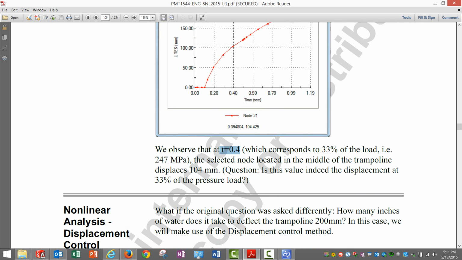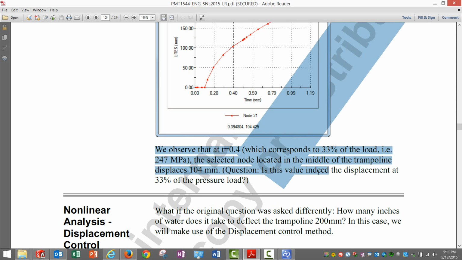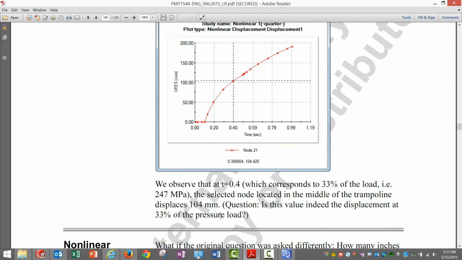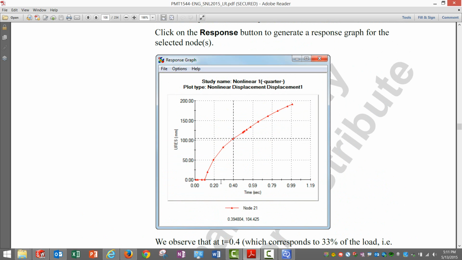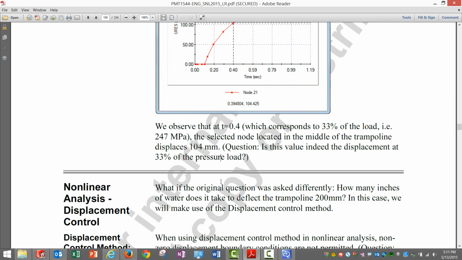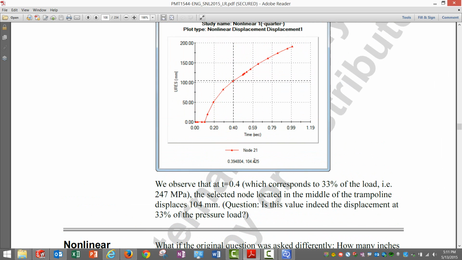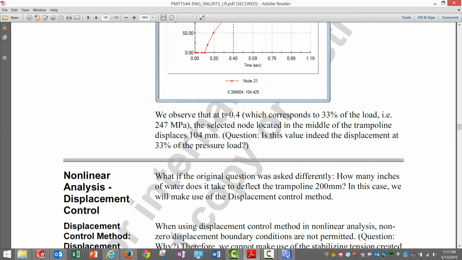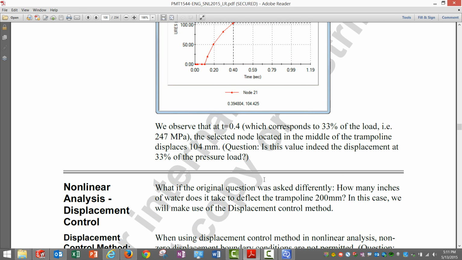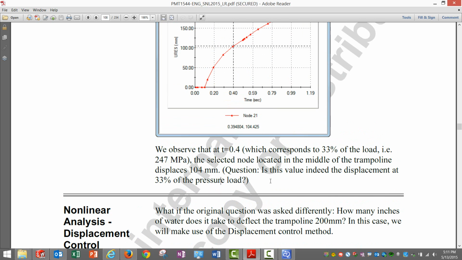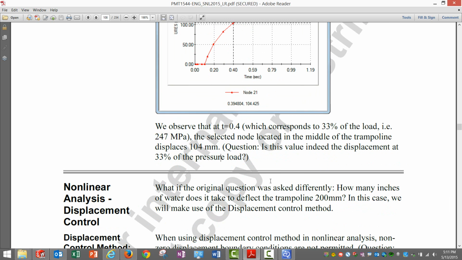Now obviously the question is, is this value indeed the displacement at 33% of the load? This is an interesting topic. You might want to think on if this is the true displacement. If you remember, we did some initial pulling or stretching of the part as well to help in certain cases with stability, so that might have changed it, but that's what it is.